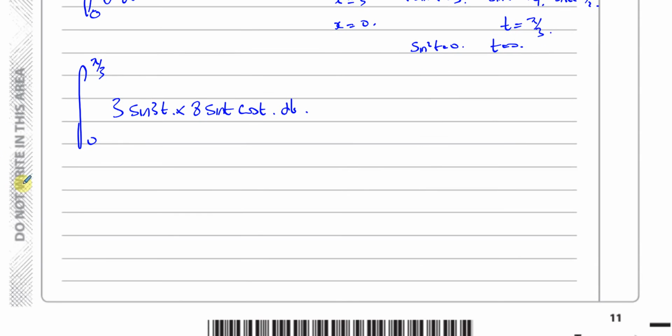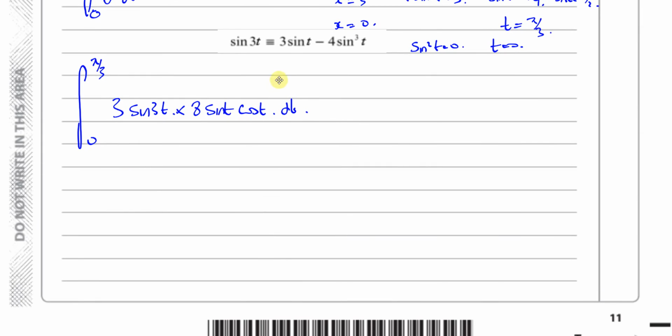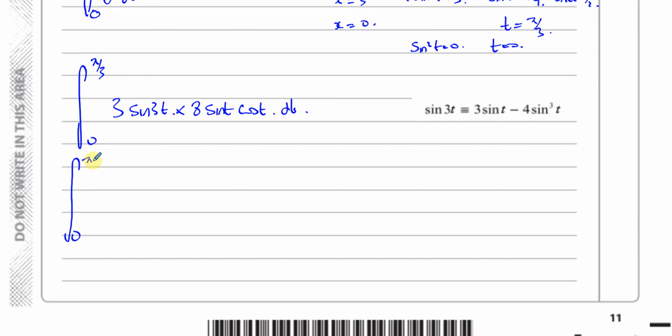First of all, sine 3t, we were already told that this is equal to this. We were already asked to prove this, so we've already proved this part. So let's just replace sine 3t with 3 sine t minus 4 sine cubed t. So we're going to have the integral between 0 and pi over 3.